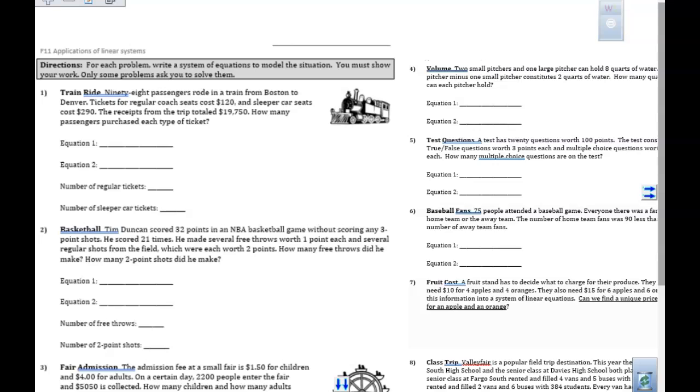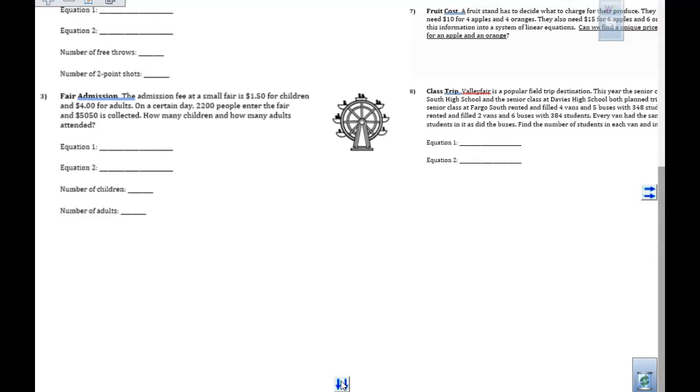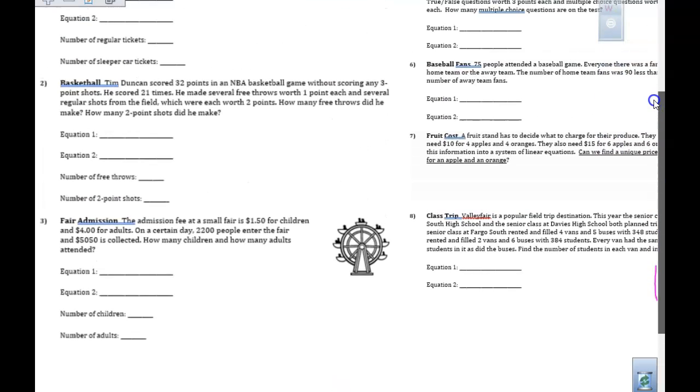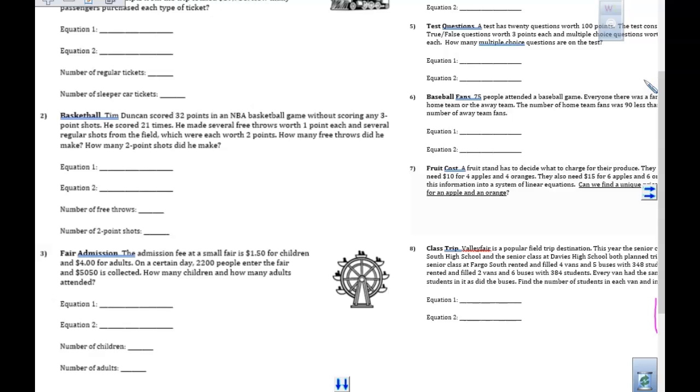So some of the equations on this first page, kind of okay? Yes? No? Do we want to look at any of those 1, 2, 3 on that first page? The third one: admission fare to the fair is $1.50 for children and $5 for adults. On a certain day, 2,200 people.